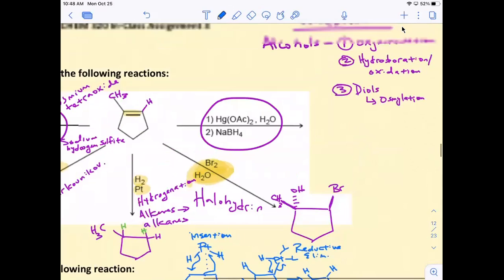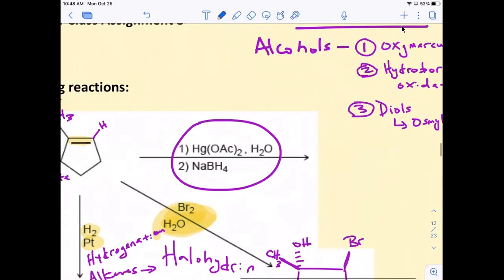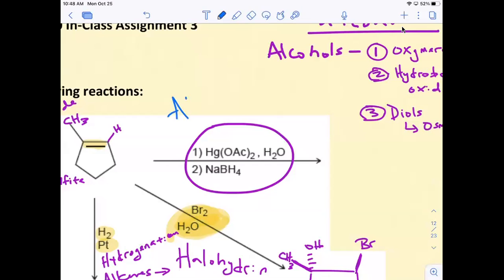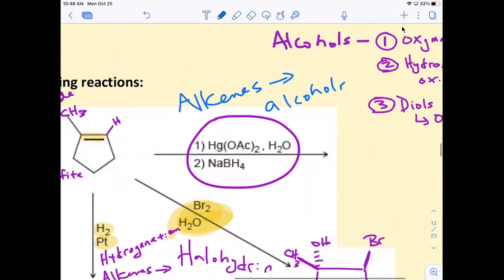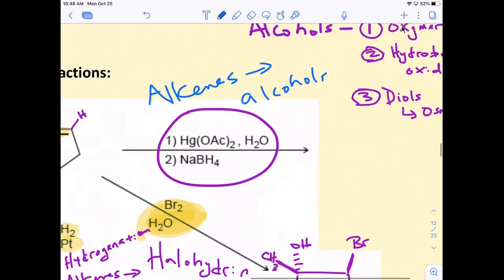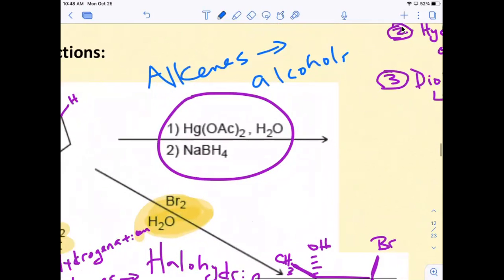So with this reaction right here, this is a way to convert alkenes into alcohols, right? And this is oxymercuration.